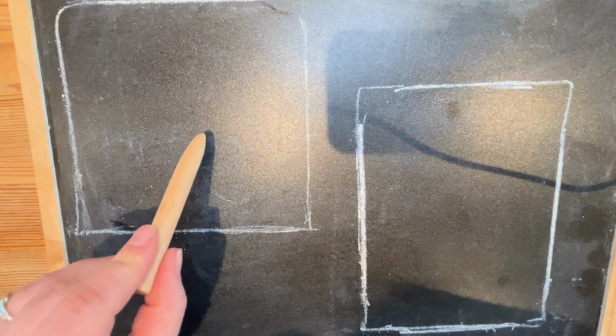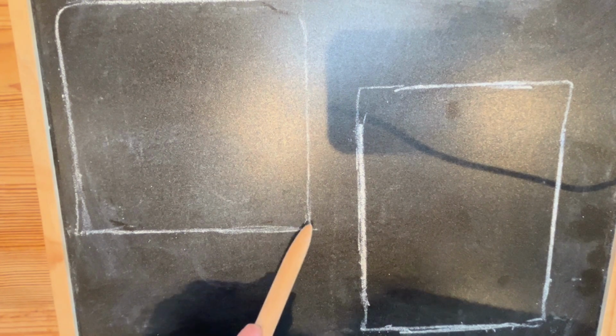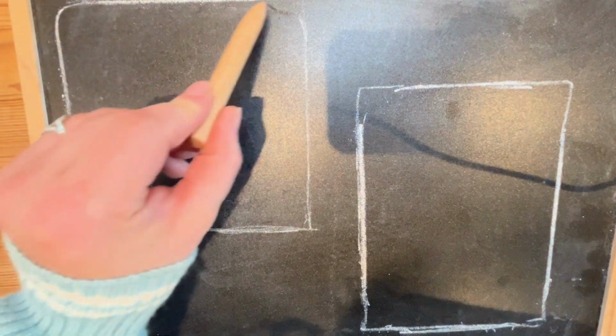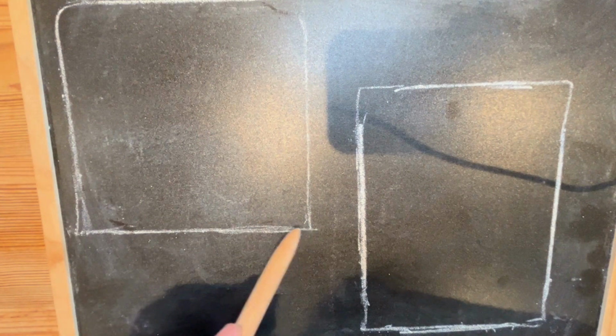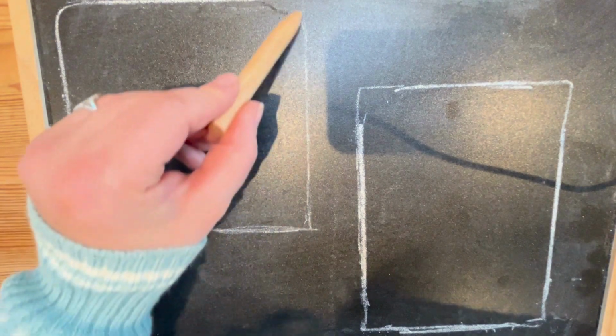I'll tell you why. There's one difference between this one and this one. When we look at this one, every side is the same length. It's the same here as here. This is called a square.